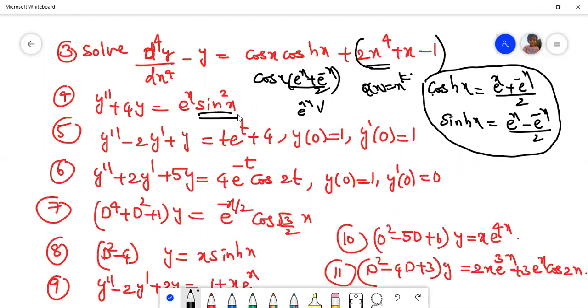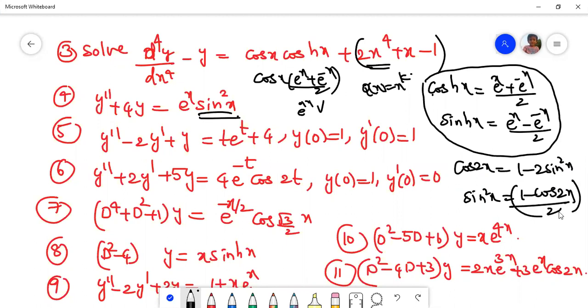Here in the sin²x, we know the cos 2x formula is 1 - 2 sin²x. Then sin²x = (1 - cos 2x)/2. We can take this formula here, then e^x into 1/2 is only the exponential part, minus e^x into cos 2x/2, which is the combined e^ax V form.